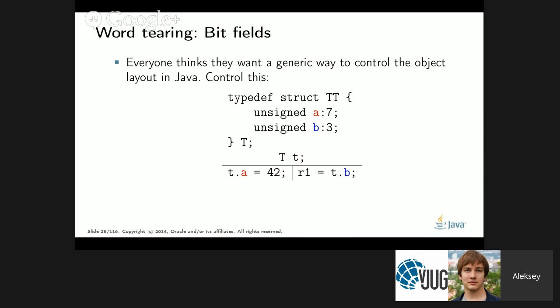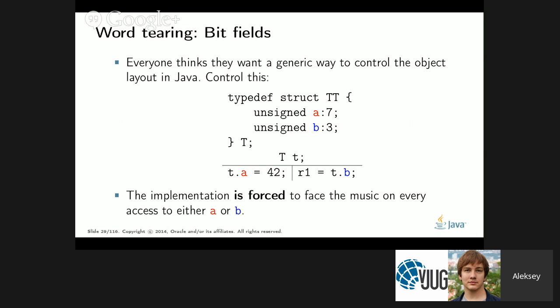So if my language guarantees the absence of word tearing, and you have the way to control the object layout and the field layout in the object, then the implementation would have to face the music on every access to A or B. And if you don't have the hardware support, you will have to resort to locking or atomics or something like that, which probably departs from the C philosophy that you will have the raw hardware performance for most of the code, right?